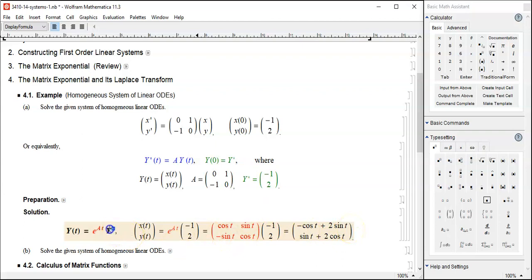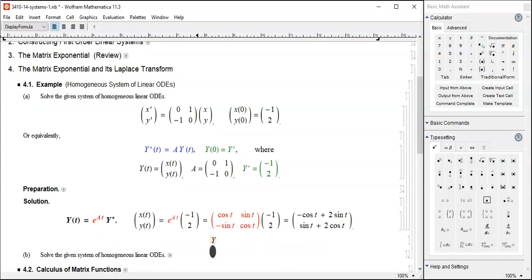Assumption number 1, this formula, which we are about to check right now, and assumption number 2, this matrix exponential, which we'll talk about a little later. First, the formula. How does it work?